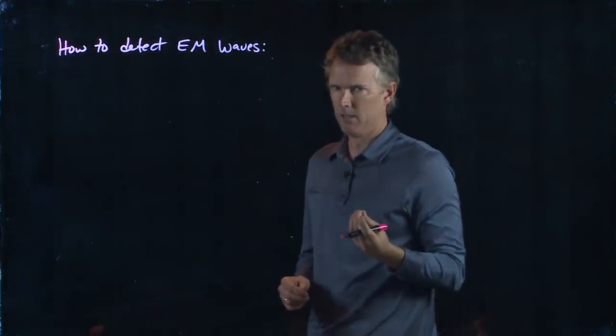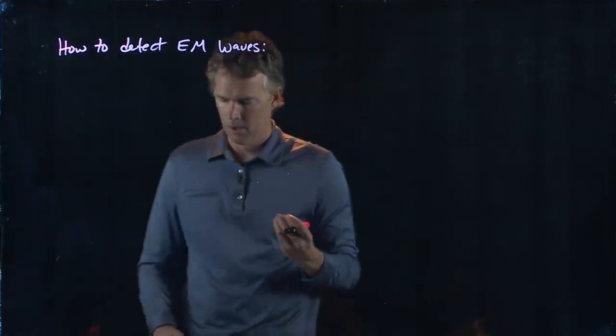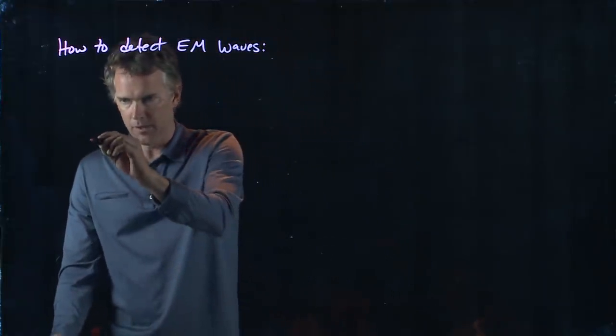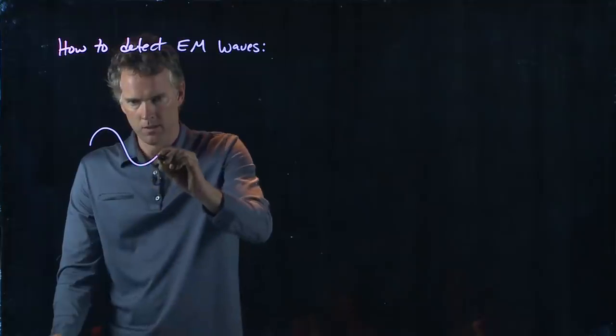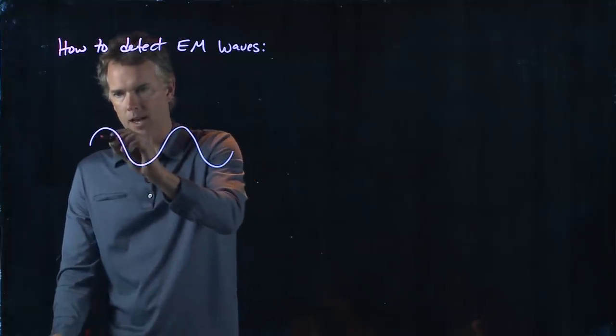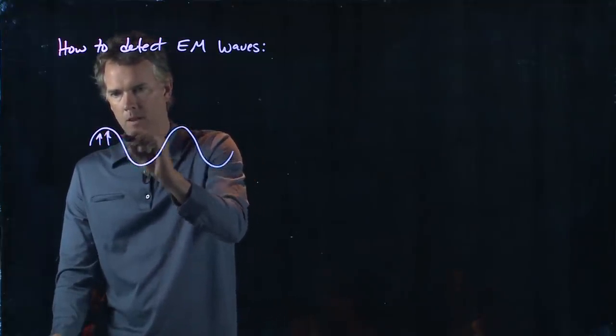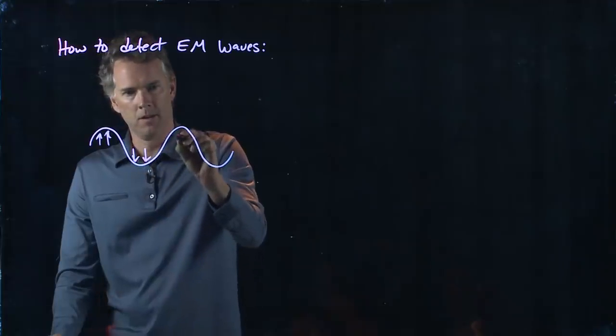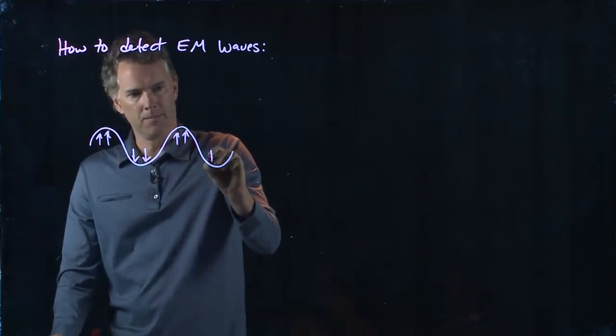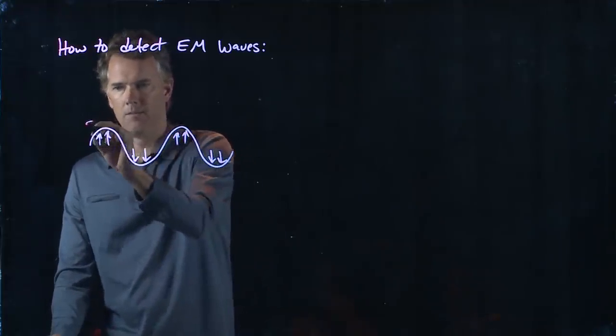And let's ask this question. How are we going to detect these electromagnetic waves? Well, let's draw the electric field coming along. Okay, it looks like that. It's pointing up, then it's pointing down, then it's pointing up, and then it's pointing down.